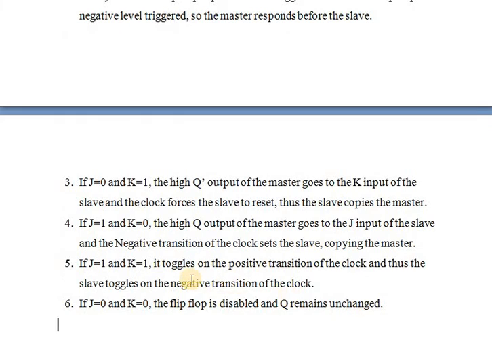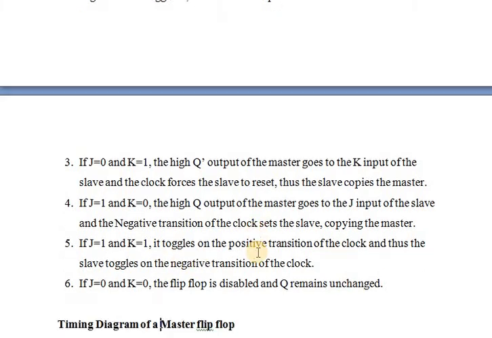If J and K equal to 1, it toggles on the positive transition of the clock and thus the slave toggles on the negative transition of the clock. If J and K are 0, the flip-flop is disabled and Q remains unchanged.